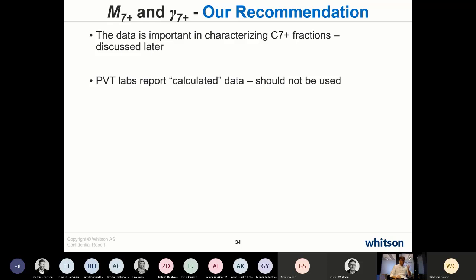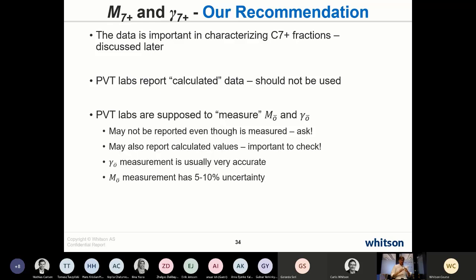And the trick there is to make sure that we only use the measured total molecular weight and specific gravities of the oil, which is in many cases not reported in these lab reports. But it's very often measured.